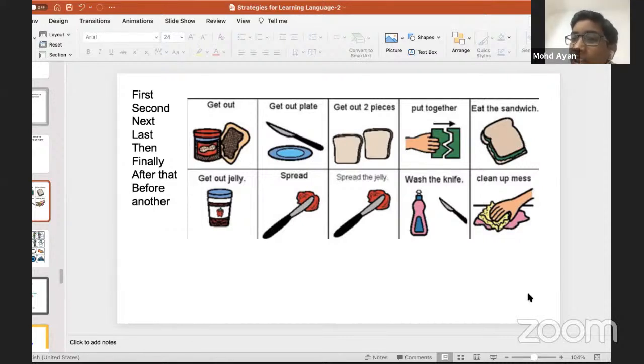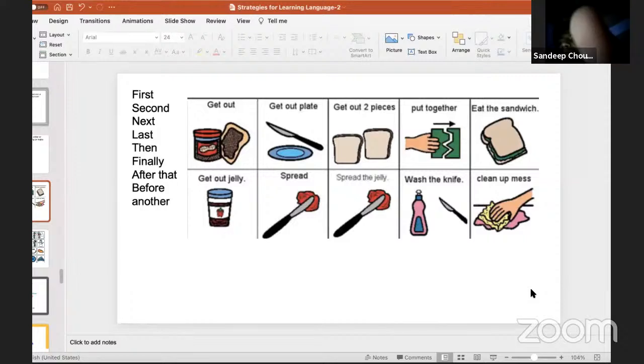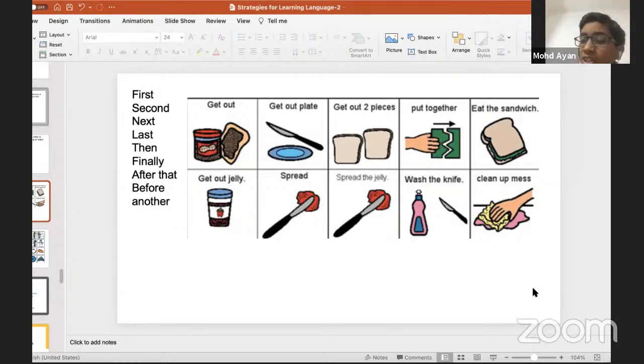After that we have to put the jelly on the bread, and another is we have to spread all the jelly, and then we eat the sandwich.